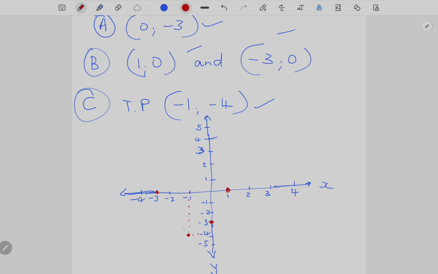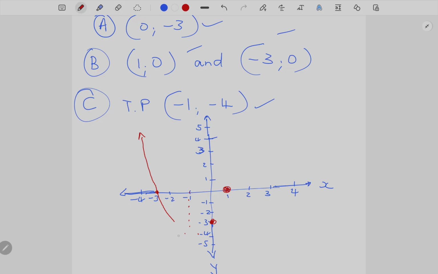The graph is going to be a smiley face, so the turning point is going to have a shape like this. Okay, so this graph is going to cut here, and then it turns at the turning point, and then it's going to pass and cut this point.